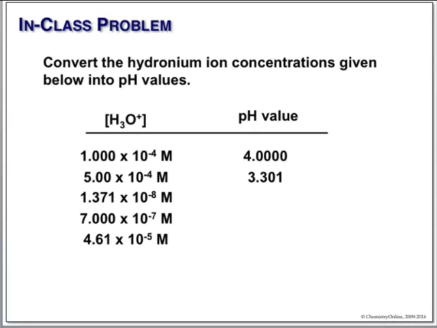7.86. All right. 7 times 10 to the minus 7. So 8. 6.15.